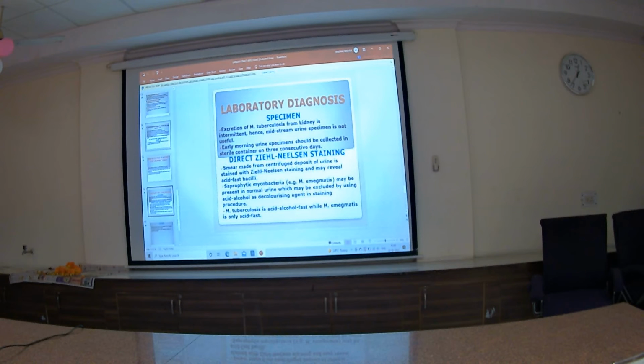The excretion of Mycobacterium tuberculosis from kidney is intermittent. So, in this case, midstream urine is not useful.